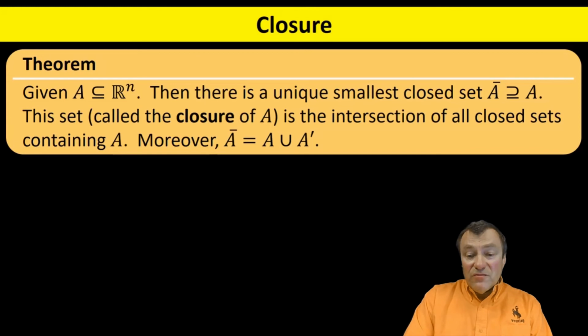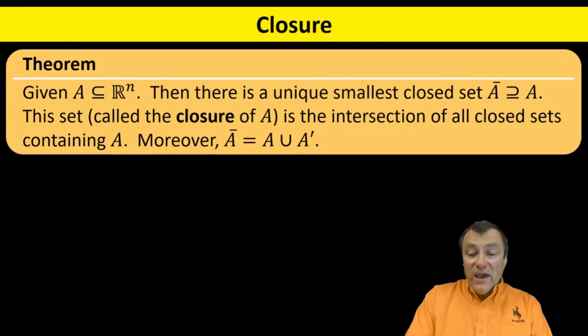But that description of A bar is not very explicit. A more explicit description of the closure is motivated by the previous result. Start with the original set A. Then, in order to get closure, you'll have to also throw in the limit points of A. But now the question is, do you also need to throw in the limit points of the limit points, and then the limit points of the limit points of the limit points, and so on, in order to get closure?